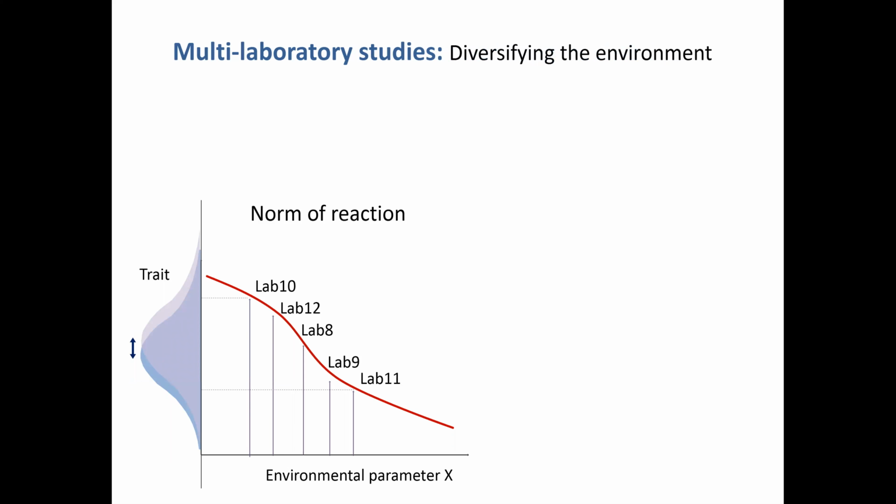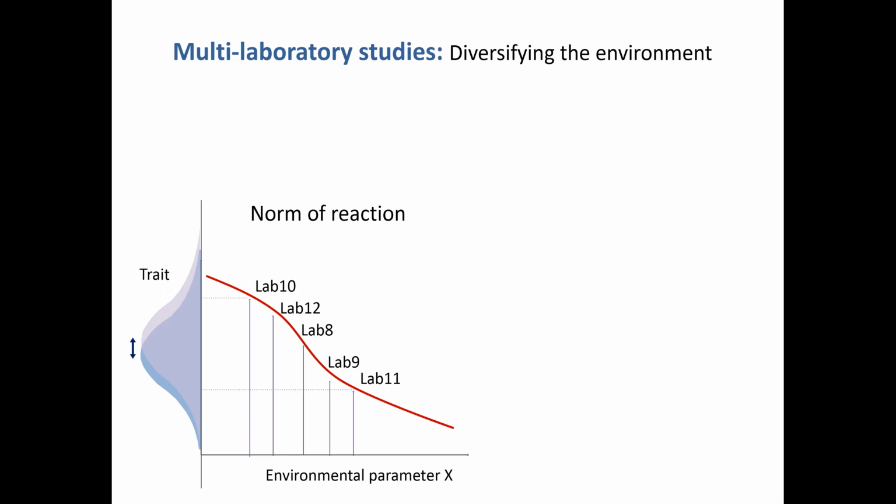The solution we were coming up with, or basically propagating for quite a few years, is the introduction of multi-laboratory studies. If we make a study under one specific set of conditions in one lab, it's very hard to predict whether this generalizes to other labs or to a broader environmental context.